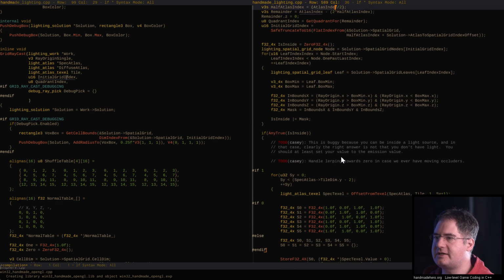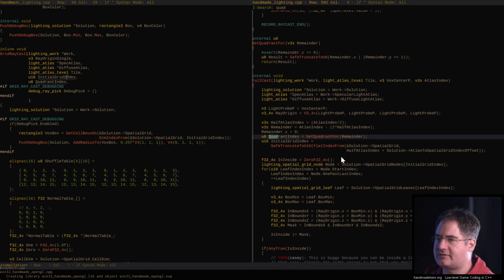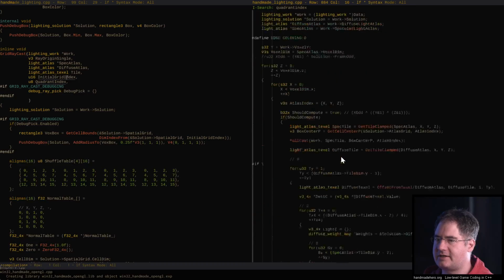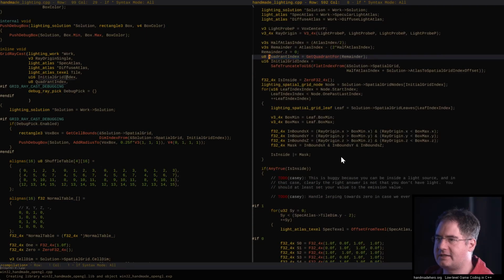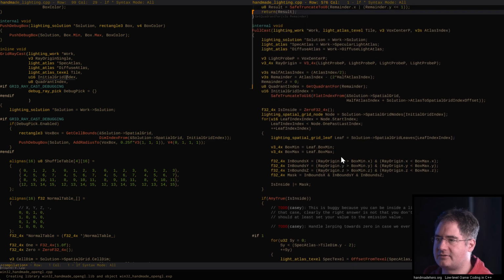So at the very least, we could say quadrant index is the easiest thing to replace. Quadrant index could just be sent down as part of the remainder. The remainder is the atlas step part.